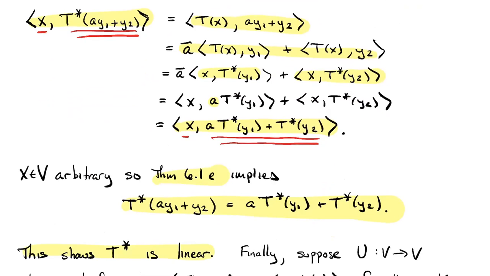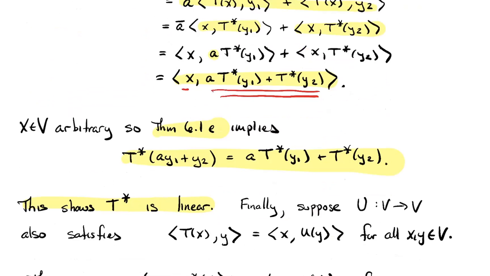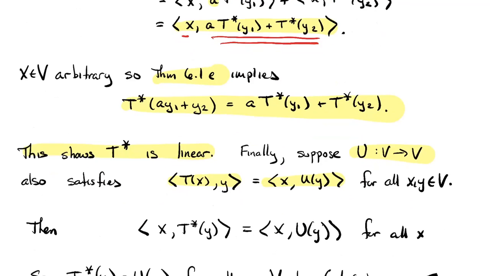Okay, and then finally, we said that T star is the unique map that does this. So suppose you have some other linear operator called U from V to V that would also satisfy that the inner product of T of x with y is the inner product of x with U of y. It does that for every x and y in V. Okay, well, if U does that and T star does that, then we can get the equality that the inner product of x with T star of y and the inner product of x with U of y are the same for every x.